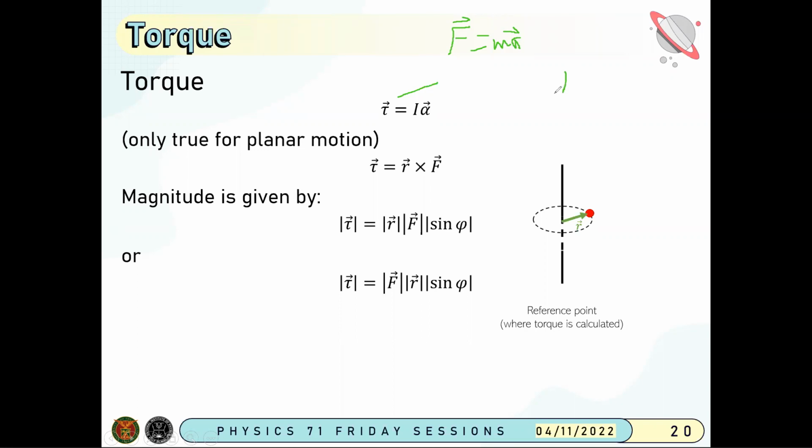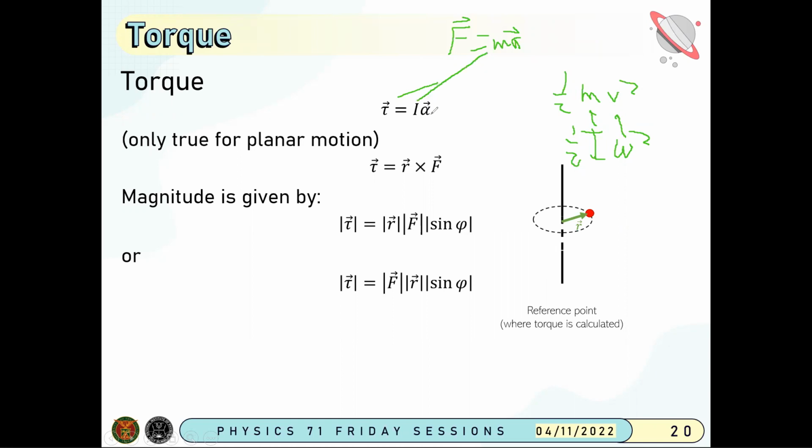So kanina yung sa kinetic energy, 1/2 mv squared as compared sa 1/2 I omega squared. Right? So analogous si V kay omega and si M, si mass kay inertia. Dito, similar din. Analogous din si mass kay inertia.